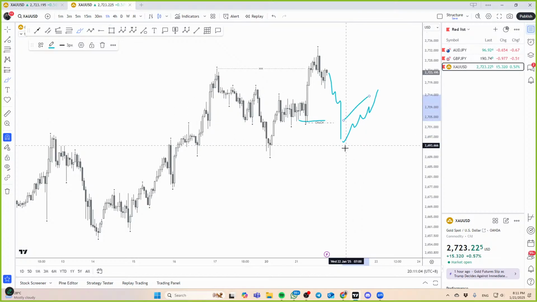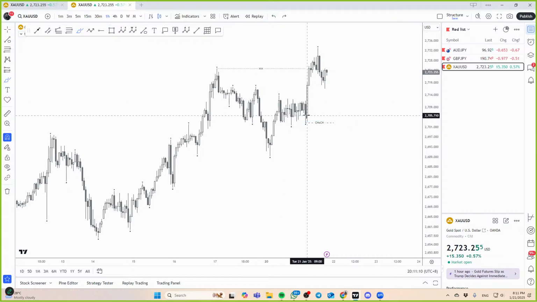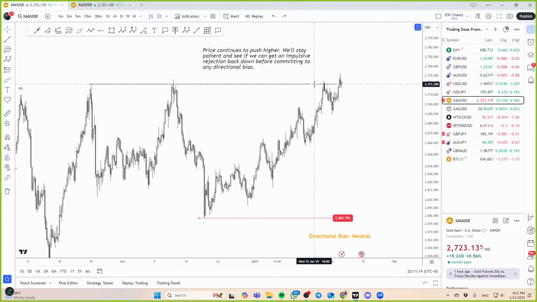Then, you know, that corrective pullback would set up for us to take that trade, okay? If price doesn't come back down and take out this swing low and just keeps going, then of course we need to reanalyze the entire setup itself. But that's the closest thing we get right now. Okay, so that's something that we can look into for gold.